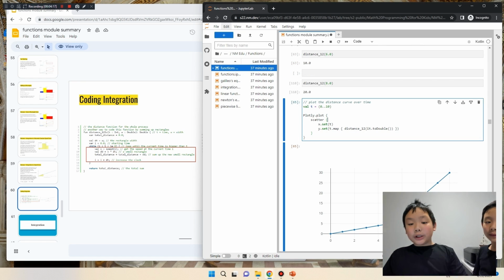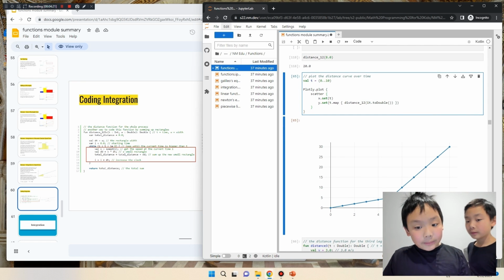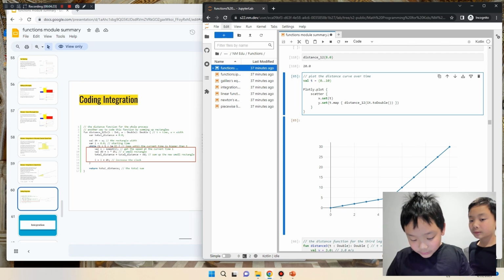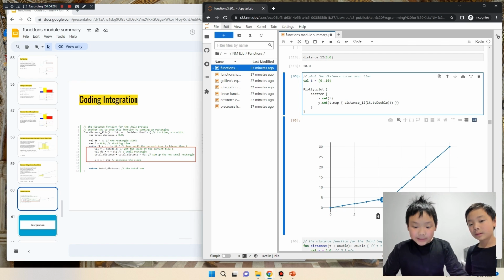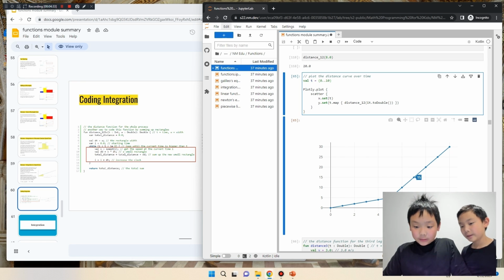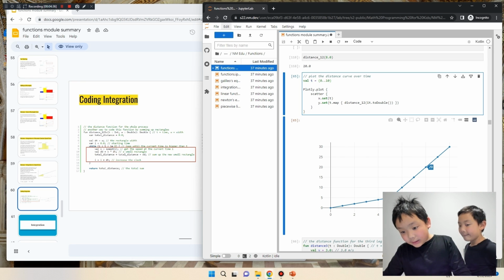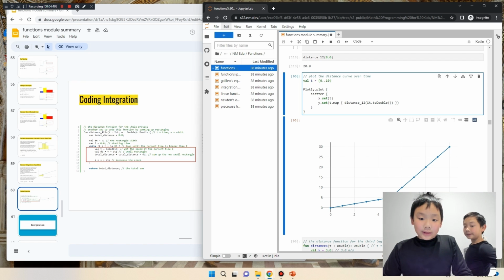So what this function does is basically plot the thing on the graph. So here is from point 0 to 10. At point 0 it should be 1, 2, 3, 4, 5. But at second 6 it should go up to 10. At second 7 it should go up to 15. And second 8, 20. Second 9, 25. And second 10 is 30.